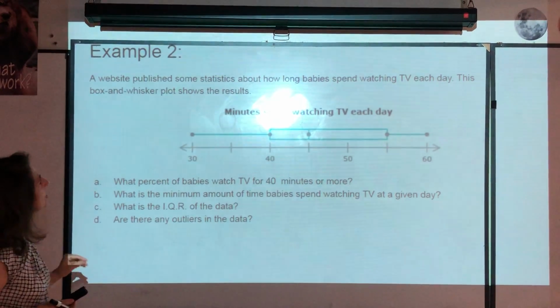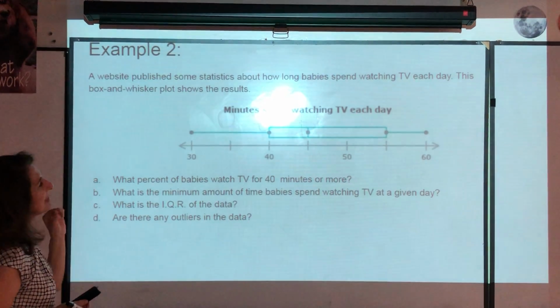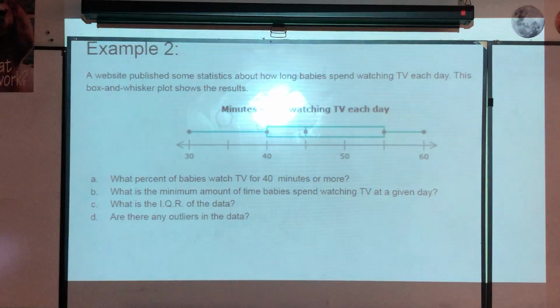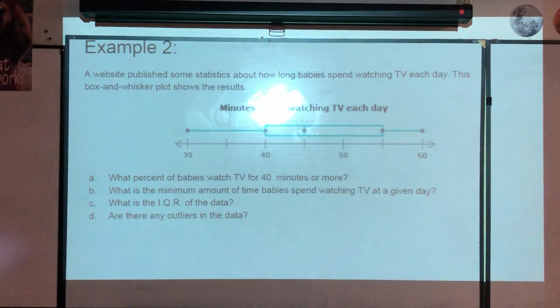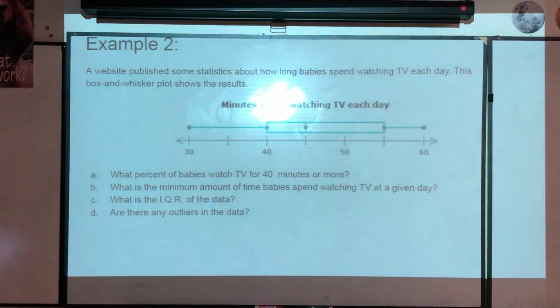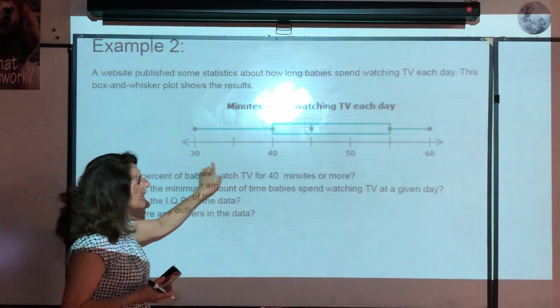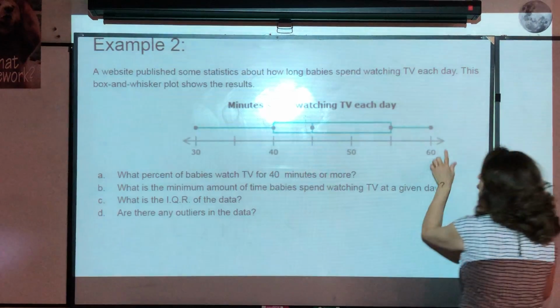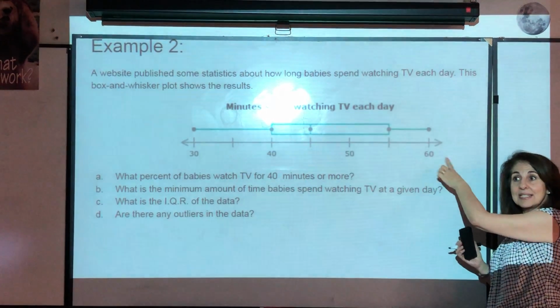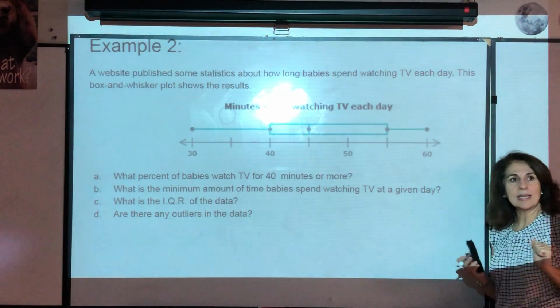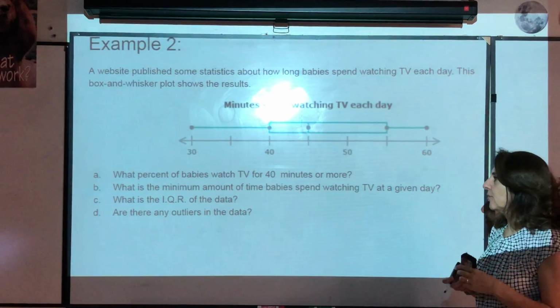A website published some statistics about how long babies spend watching TV each day. This box and whisker plot shows the results. So look at this. We have babies watching TV 30 minutes and babies watching TV for 60 minutes. This is the interval or the range in my information.